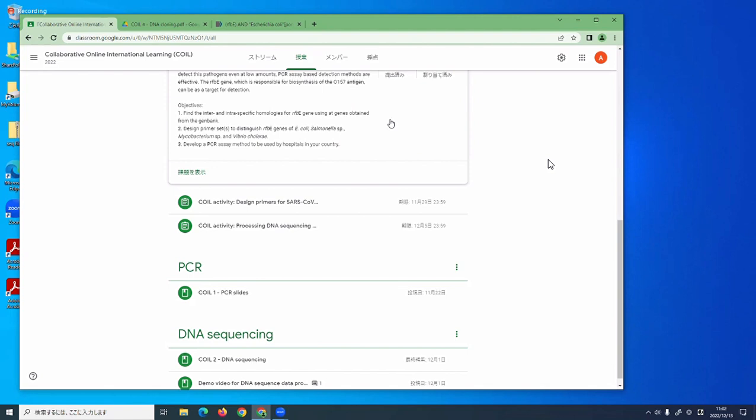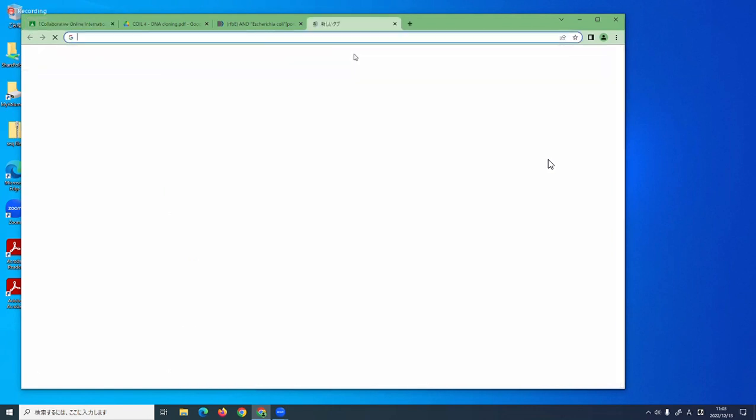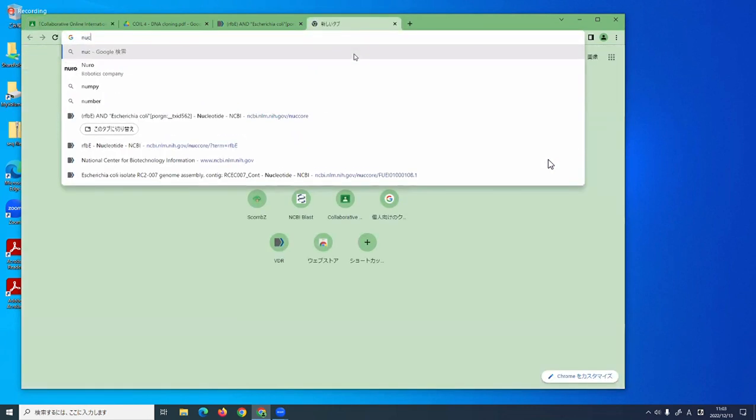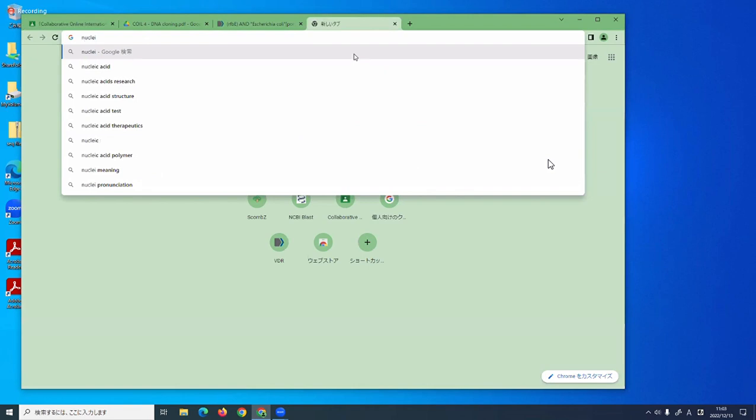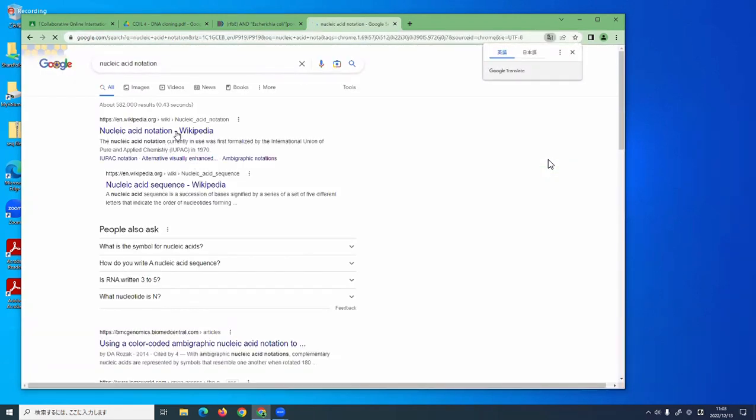And also one more thing, not many used the nucleic acid notation, right? The nucleic acid. Let me just Google that. You can find it in Wikipedia. Okay, so you get the chart over here.